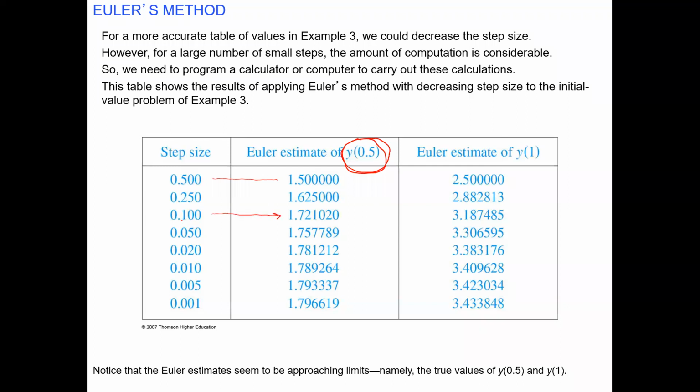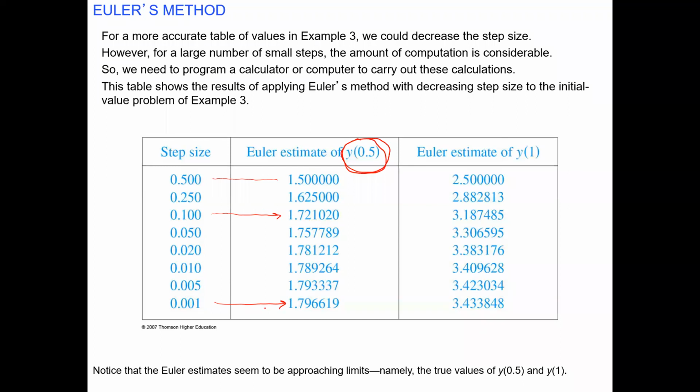With step size 0.1, we've got this value 1.721020. But if you keep changing the step size, actually decreasing, making it smaller and smaller, the approximation will be even more accurate. Of course, still thinking that we don't have the explicit formula as a solution.